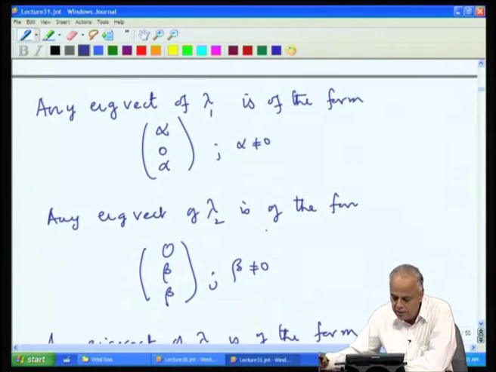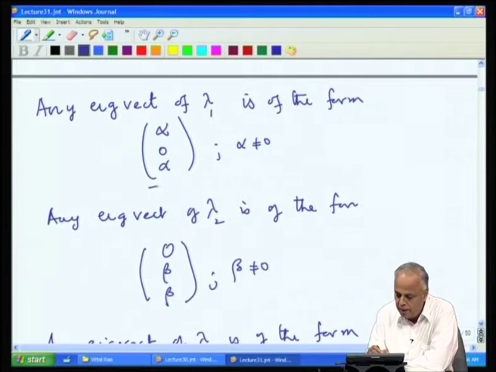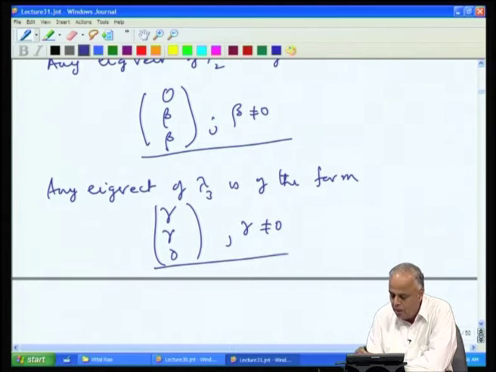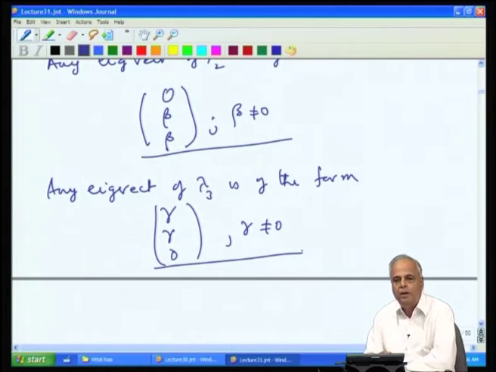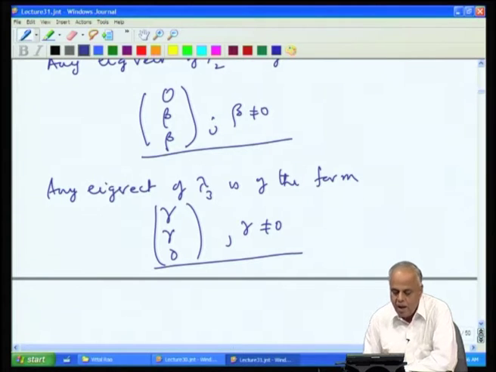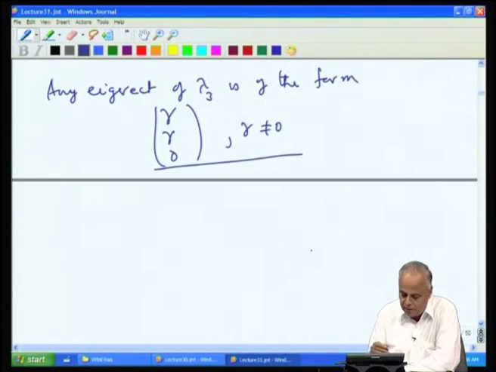Now, if you see these three eigenvectors, the eigenvector corresponding to lambda 1, the one corresponding to lambda 2, and the one corresponding to lambda 3, these are eigenvectors corresponding to the distinct eigenvalues lambda 1, lambda 2 and lambda 3, and we find they are linearly independent.